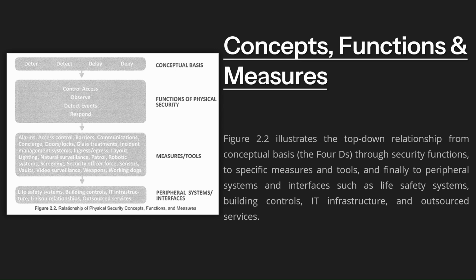Finally, we have measures and tools, such as CCTV, barriers, and access systems that implement these functions on the ground. This slide highlights a critical idea. Security is not about isolated tools, it is about a systematic relationship where every layer supports the next.